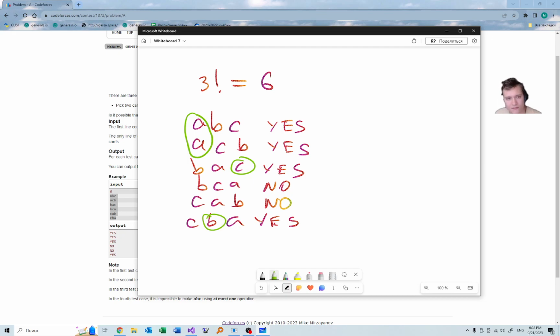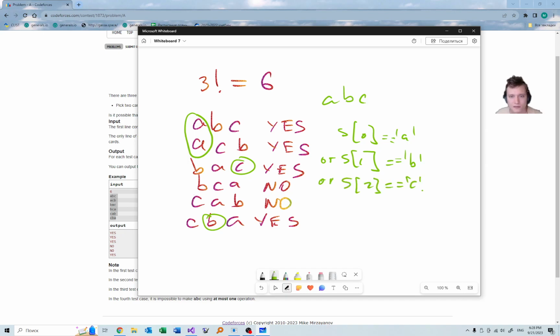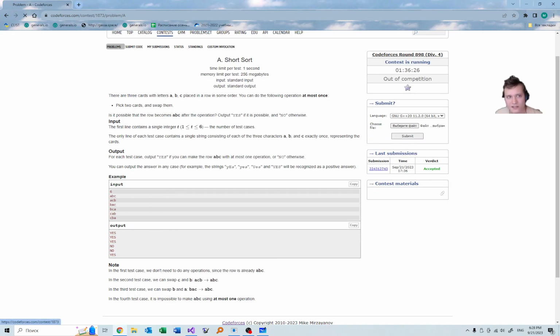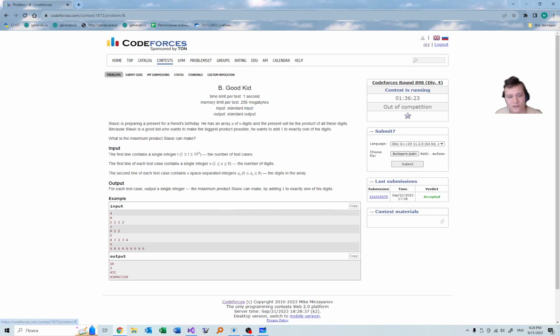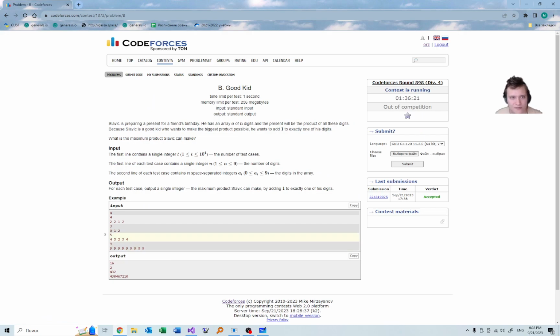So if there is a letter which is on the same place in ABC and here, you check that S0 equals A, or S first equals B, or S second equals C. Or any other solution that you can imagine for discriminating between these two sets of strings.